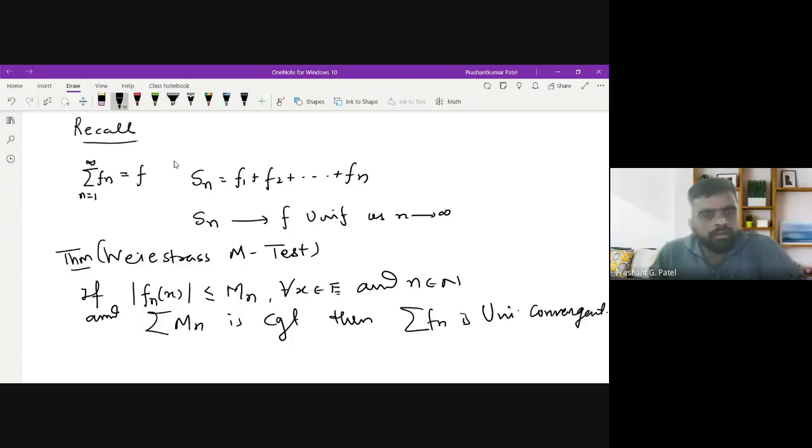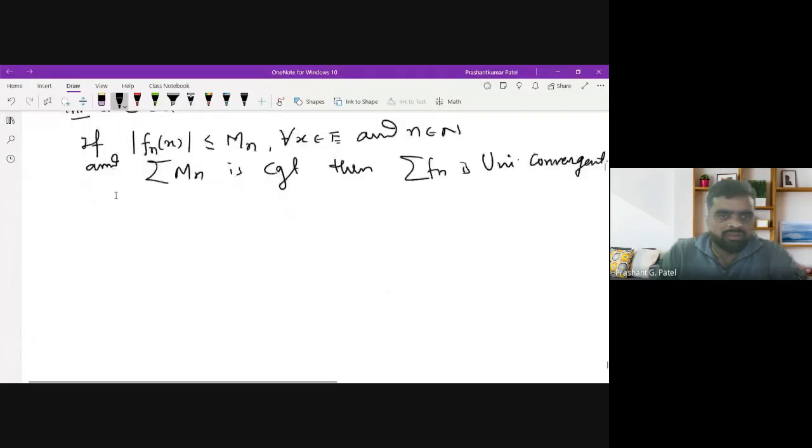Here, our objective is to solve certain examples of uniform convergence using this M test or any other method which we come across. So ultimately, the objective is to decide whether the given series is uniformly convergent or not. That we will discuss. So let us have the first example.